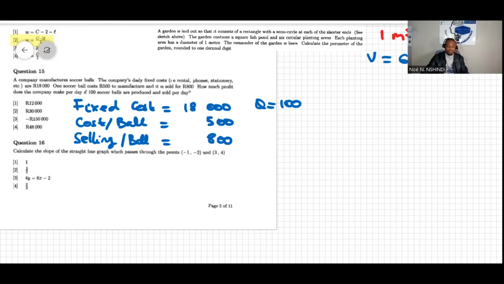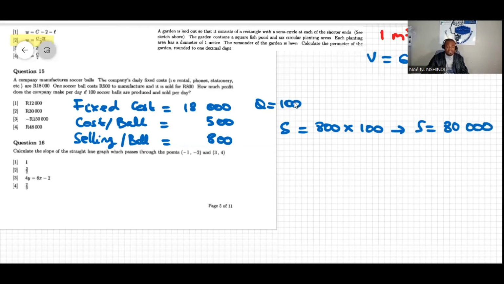So first let's calculate how much they get if they sell 100 soccer balls, the selling price for all the soccer balls. The selling price would be 800 rand multiplied by 100, because one soccer ball is sold for 800 rand, and there are 100 soccer balls. So the selling price of all the soccer balls will be 80,000 rand.